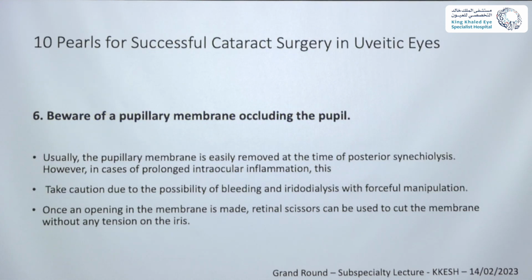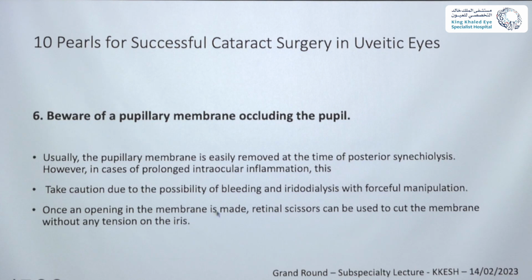As we said also, always be aware of pupillary membranes that are occluding the pupil. Usually the pupillary membrane is easily removed at the time of posterior synechiolysis. However, in some cases of prolonged inflammation, it could be tricky. So take caution about that and the possibility of bleeding, iridodialysis with forceful manipulation.